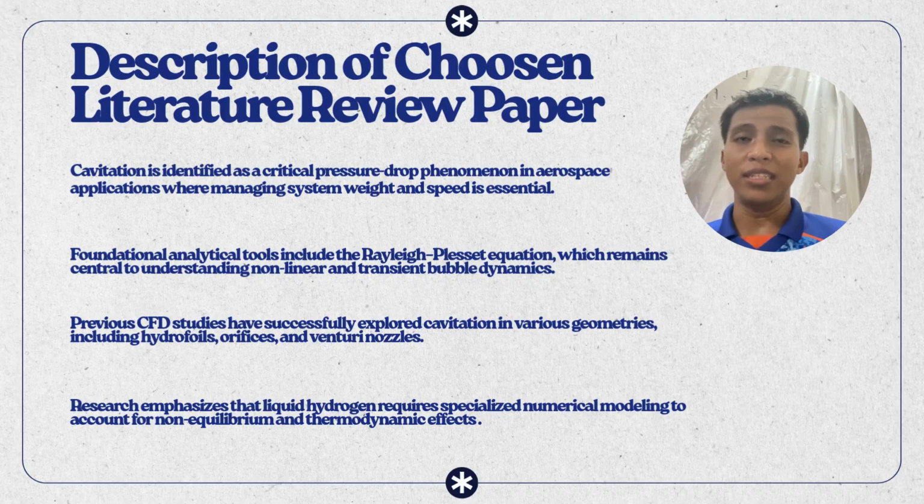Previous CFD studies have successfully explored cavitation in various geometries, including hydrofoils, orifices, and venturi nozzles. Most importantly, research emphasized that liquid hydrogen requires specialized numerical modeling to account for non-equilibrium and thermodynamic effects.